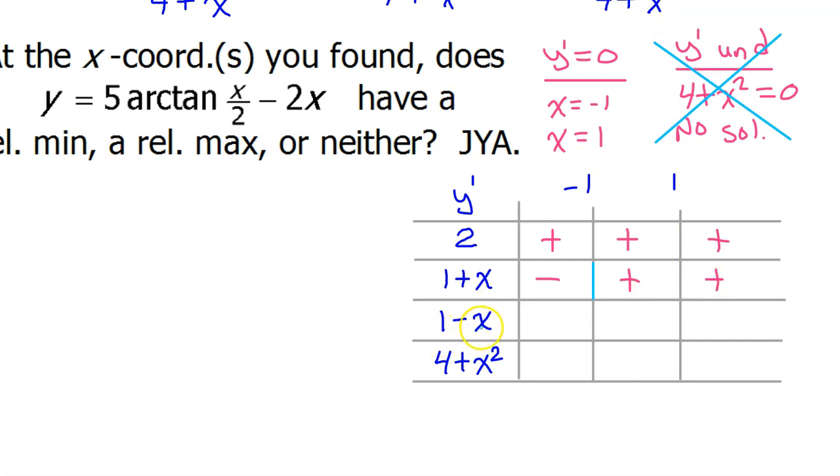1 minus x is equal to 0 at x equals 1. To the left of 1, we have test values like 0. If we plug in 0, we have 1 minus 0, which is positive 1. So this factor will be positive in this interval and negative for values of x that are greater than 1.